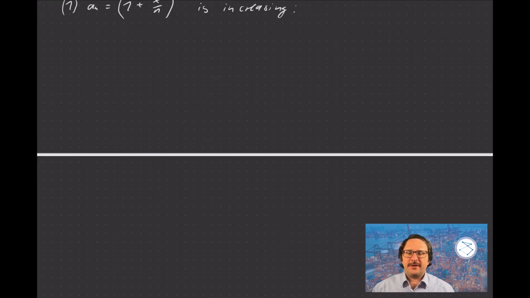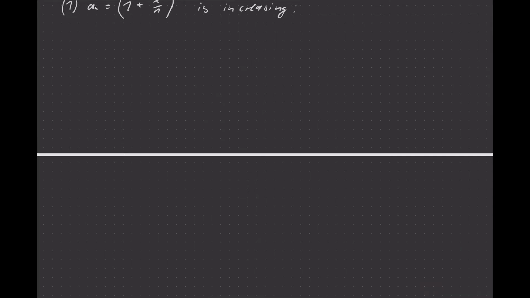You could look at the difference of two subsequent elements, and we did that before. Or you could look at their ratio and compare that to 1 to see whether the sequence is increasing or decreasing. That is what we're going to do here. So we're going to look at the ratio of a_(n+1) to a_n.